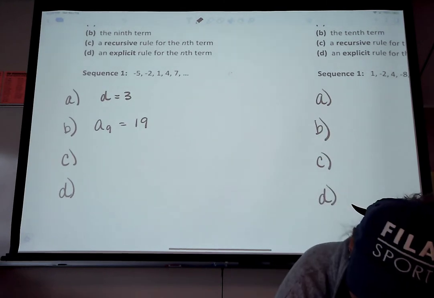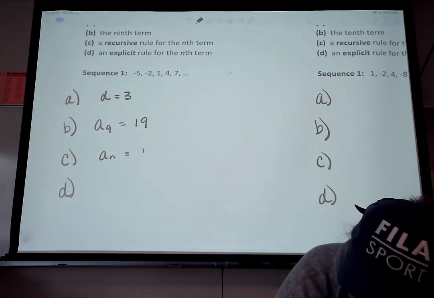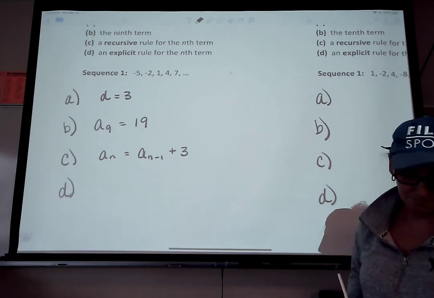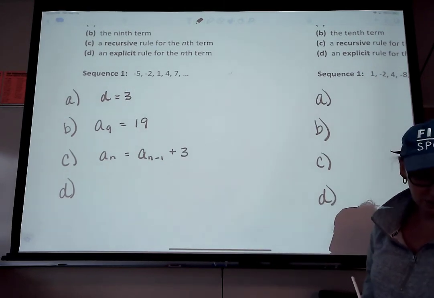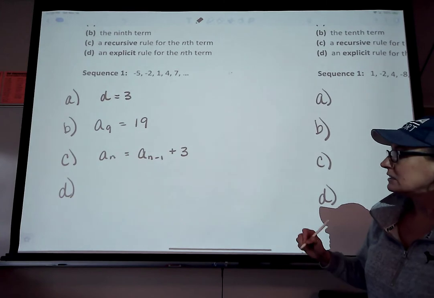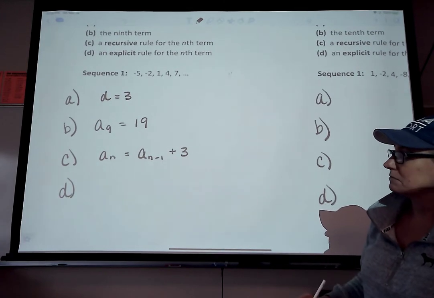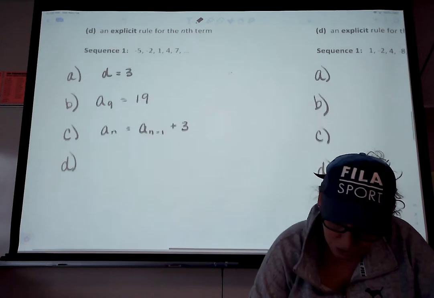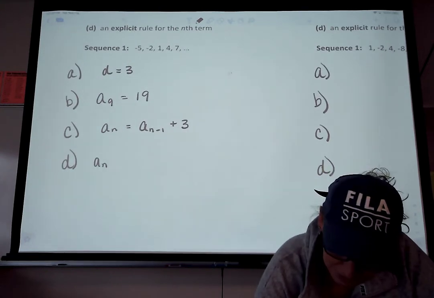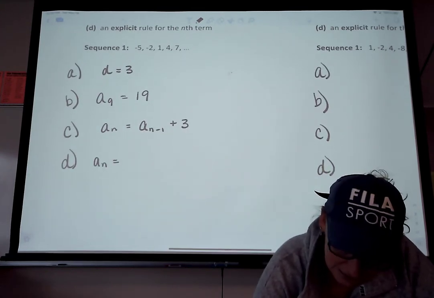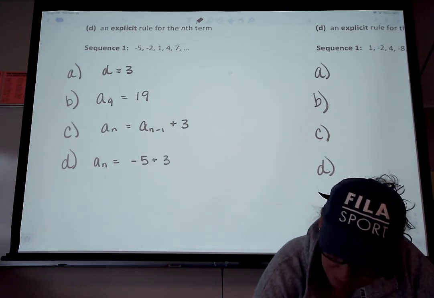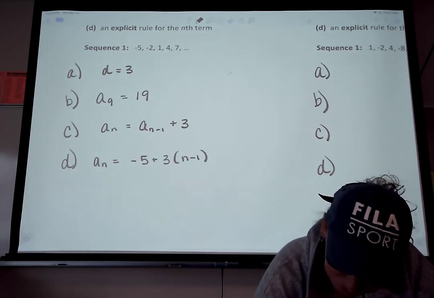Define it recursively. To get a term, take the previous term and add 3. Define it explicitly. I think I'm going to show you both ways. I can do the formula. a sub n equals a sub 1 plus d times n minus 1.